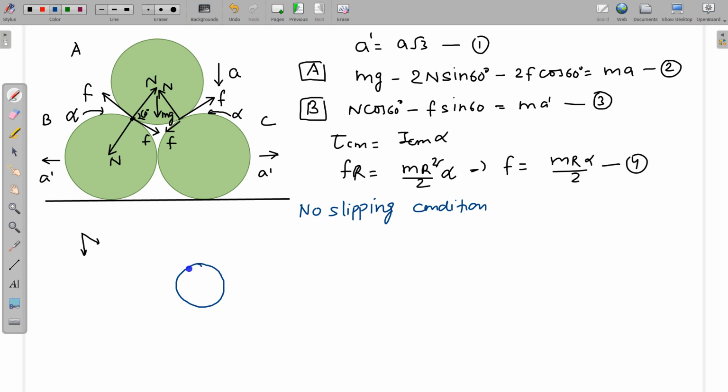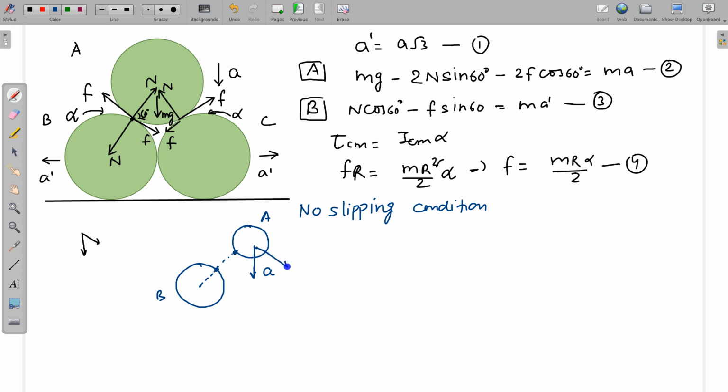At the initial moment, we have to equate the accelerations for no relative motion. So for B, what is the acceleration of this contact point, and for A, what is the acceleration of this contact point? So for A, the acceleration is vertically downward, and what is its component along this contact surface, along the tangential direction?